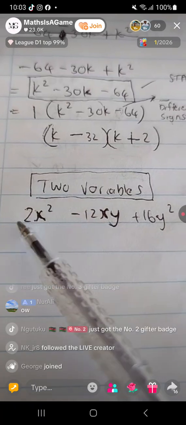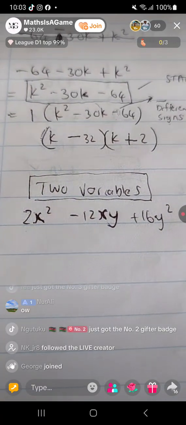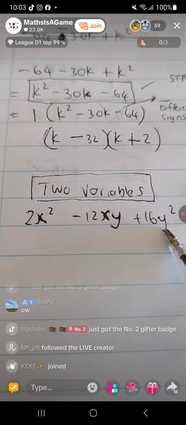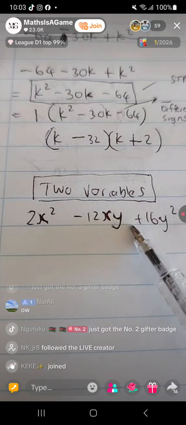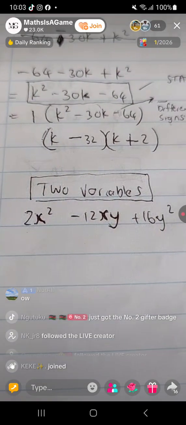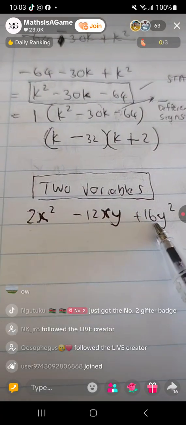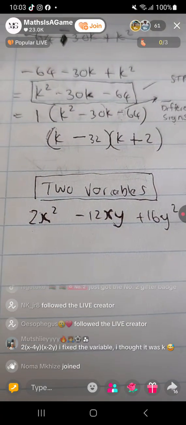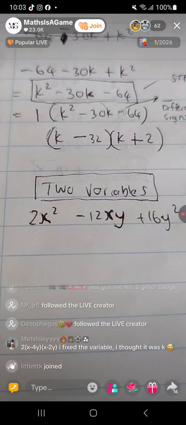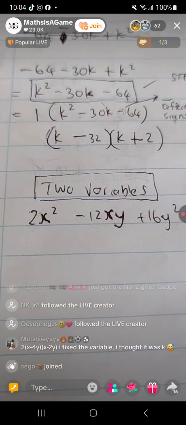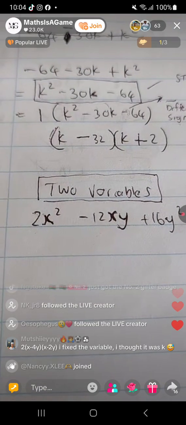So we are good, guys. This is a proper quadratic trinomial. It's just that there's an additional variable, but it's also featuring in the middle. So we just need to take that into consideration. 3 terms. Sign change rule needed? No. Highest common factor. Is there a highest common factor?